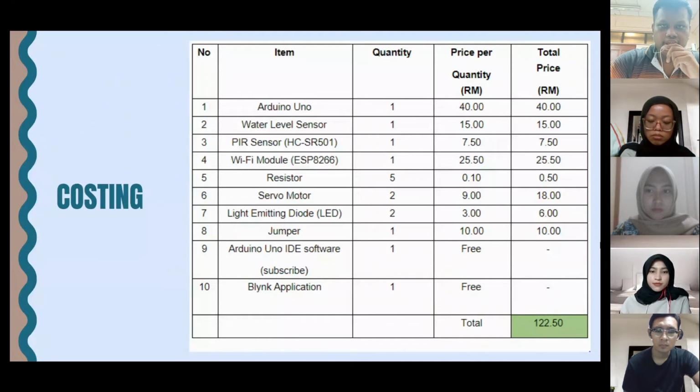And for the software, we use the Arduino software, which is available free on the internet. So the total cost to construct this project is about RM 122.50. Okay, next.